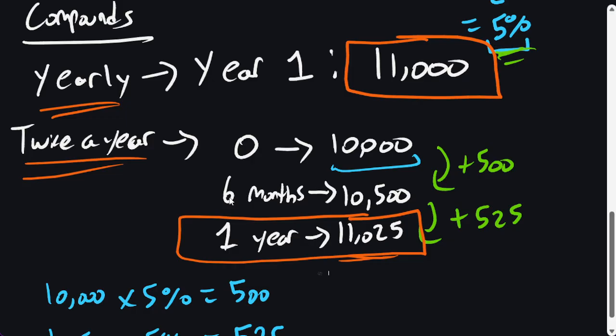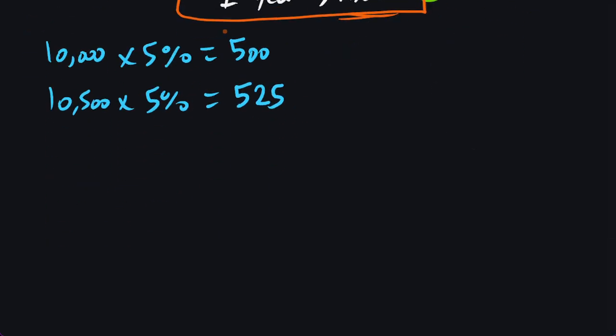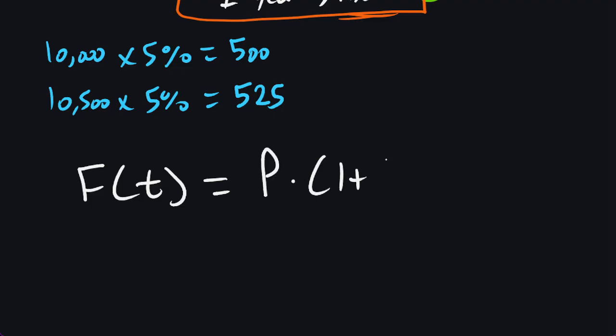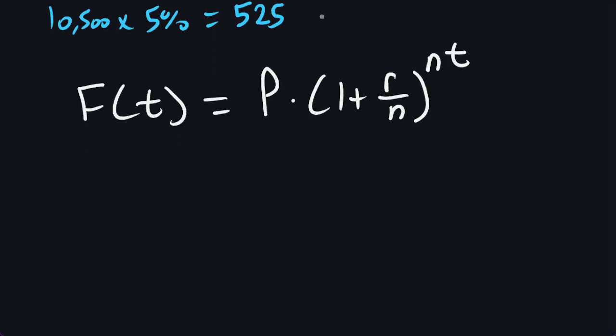Now we can represent all this with a formula as well, with a function. So if we have a function f of t equals p times 1 plus r over n to the power of n times t. Let's explain what all these variables are.